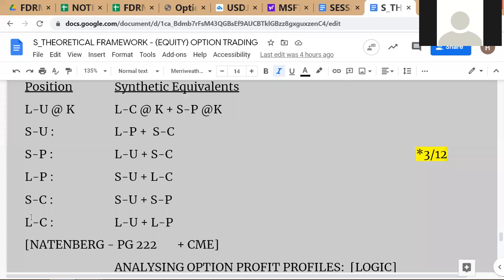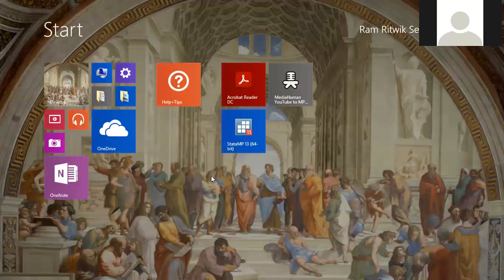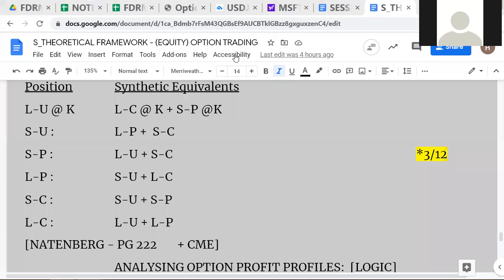We should understand the payoff profiles for all the 6 positions, as well as what the synthetic equivalents are, and we should also be clear about the payoff profiles and the profit profiles of the synthetics. Better to do the profit profiles because that will include the idea of the payoff profiles. So we should be clear about all those.